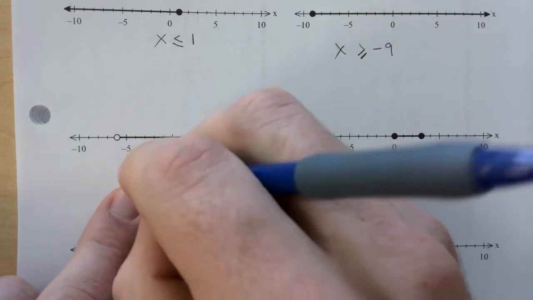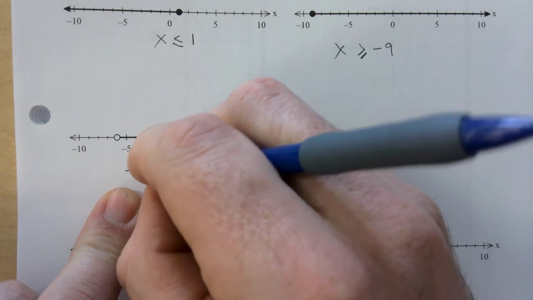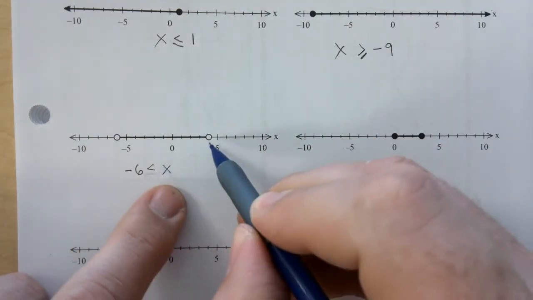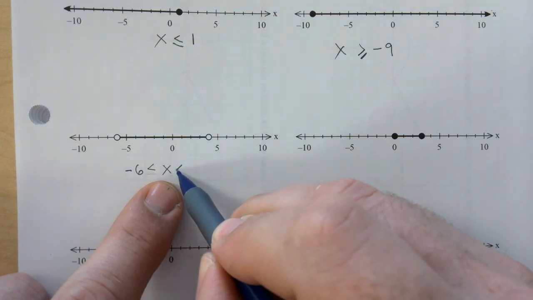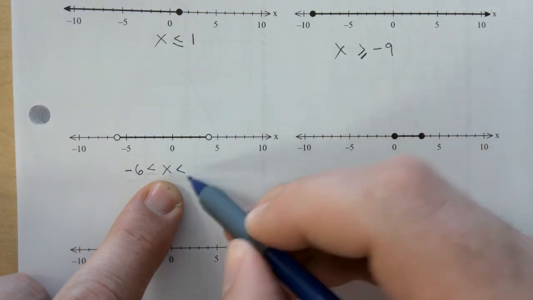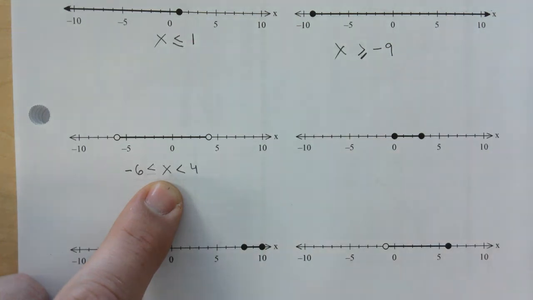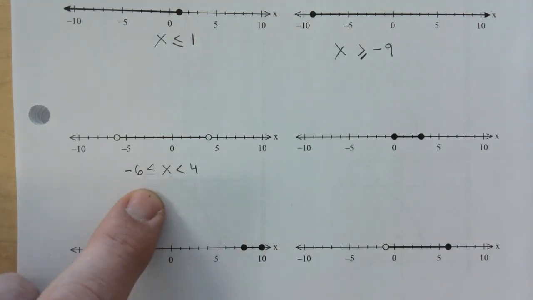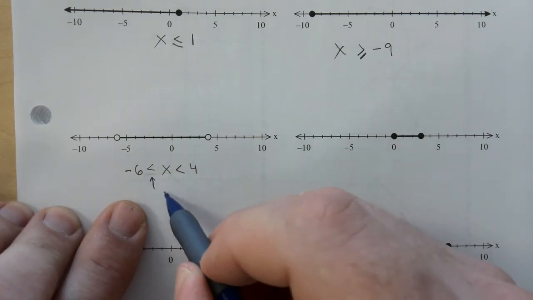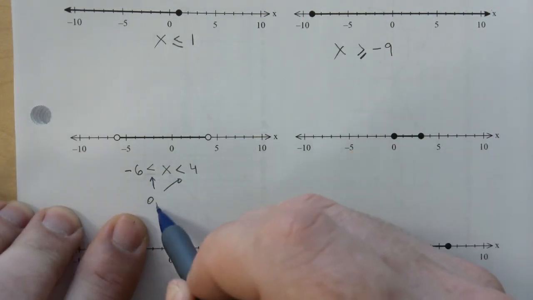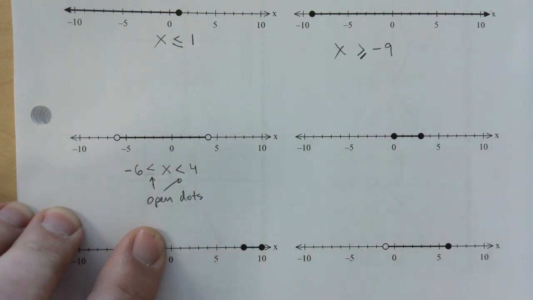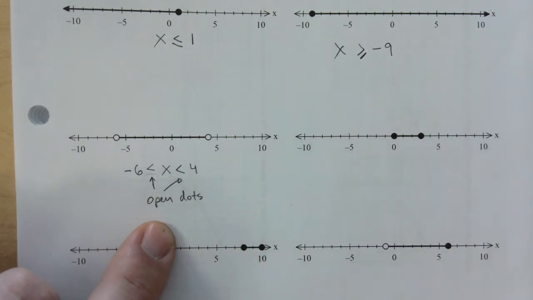It makes a big difference, okay? It's the little things. Okay, there. And then it's going to be less than, also not included, +4. Okay. Open dots. Okay. Because of the open dots, it's not included.